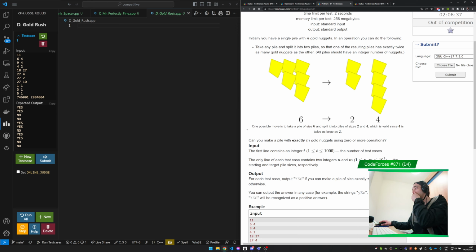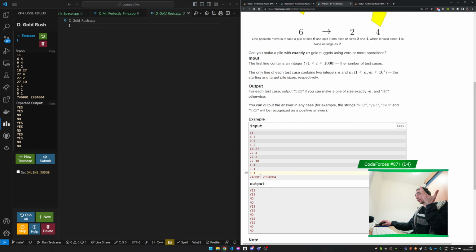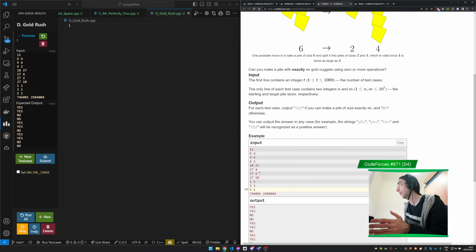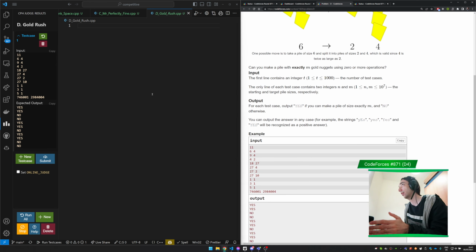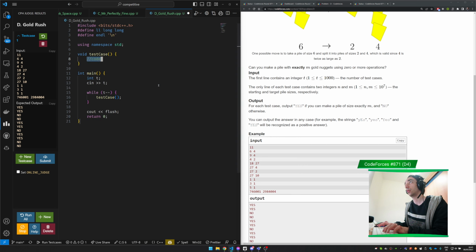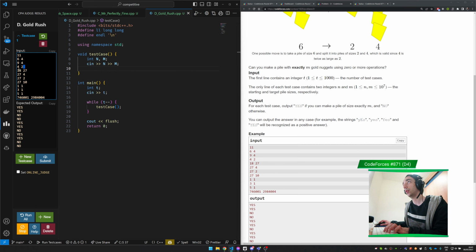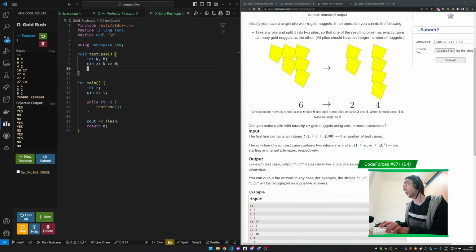So if you can't make this, if it's not divisible by 3, then you cannot do it. Are they all divisible by 3? So if m is bigger than n, of course we cannot do it.